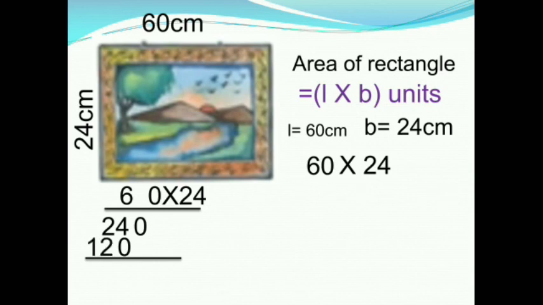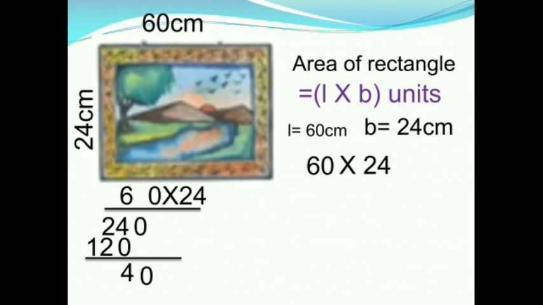Now we should add these. Here we have only 0. So we should write 0. Now we should add 4 and 0. 4 plus 0, 4. So we should write 4 below the 0. Next we should add 2 and 2. What is 2 plus 2?